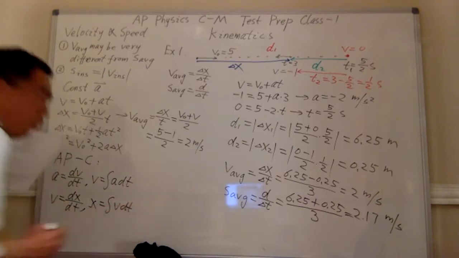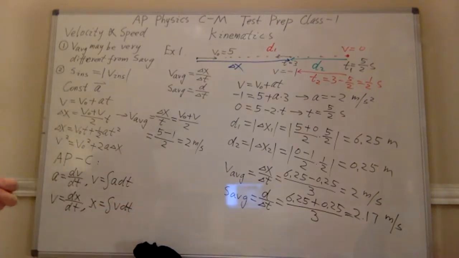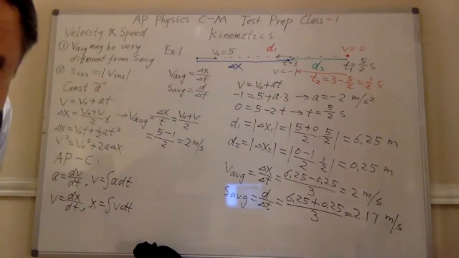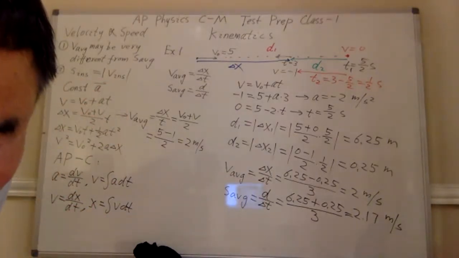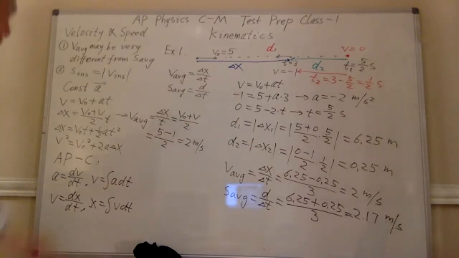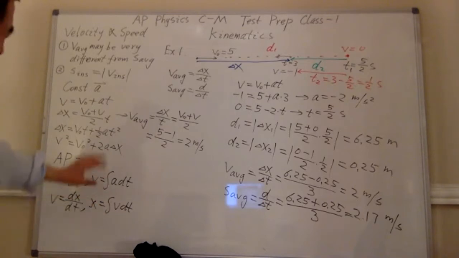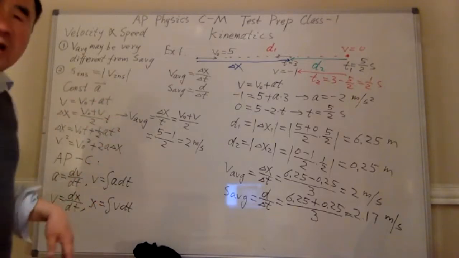So in AP Physics C, we can use the calculus way to replace all the formulas. We really can do that. Some schools even do that, using the calculus way to replace all the formulas.